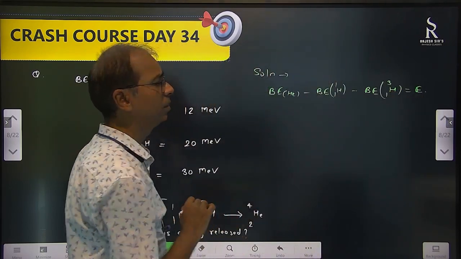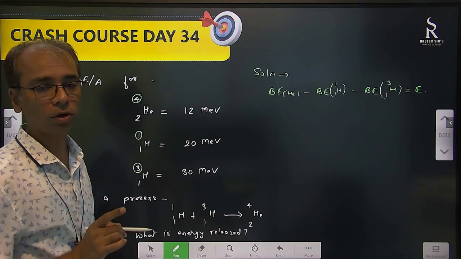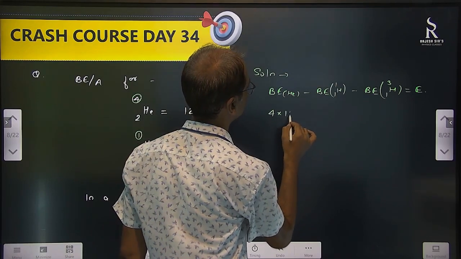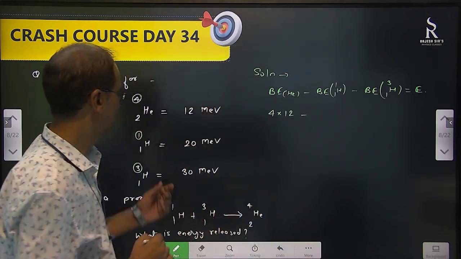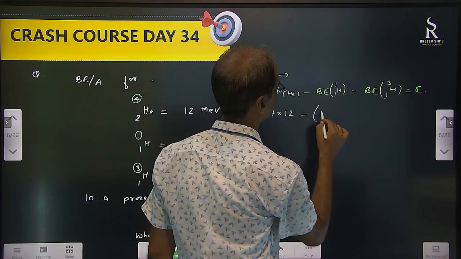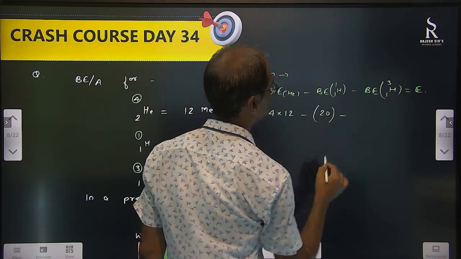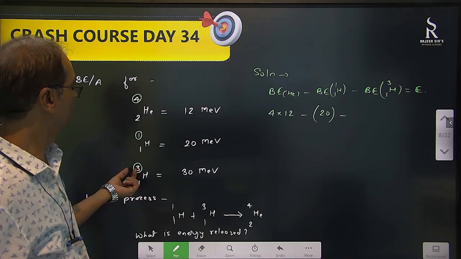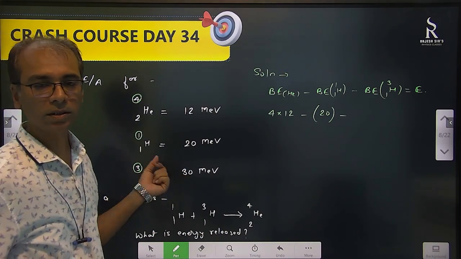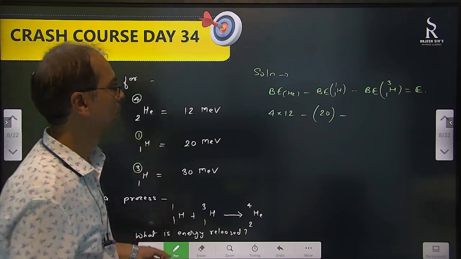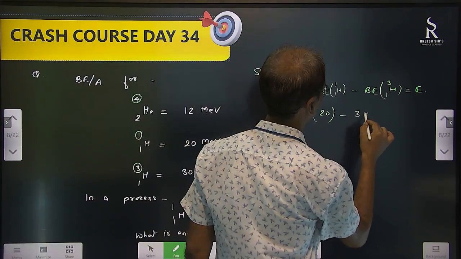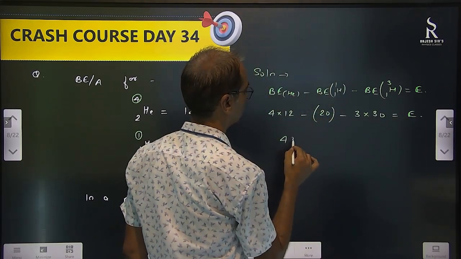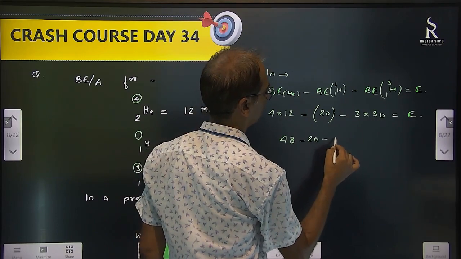So binding energy of helium is how much? 4 nucleons are there. So 4 into 12, minus 20, minus 3 nucleons, and this is 30, 3 into 30. So how much? 48 minus 20 minus 90.